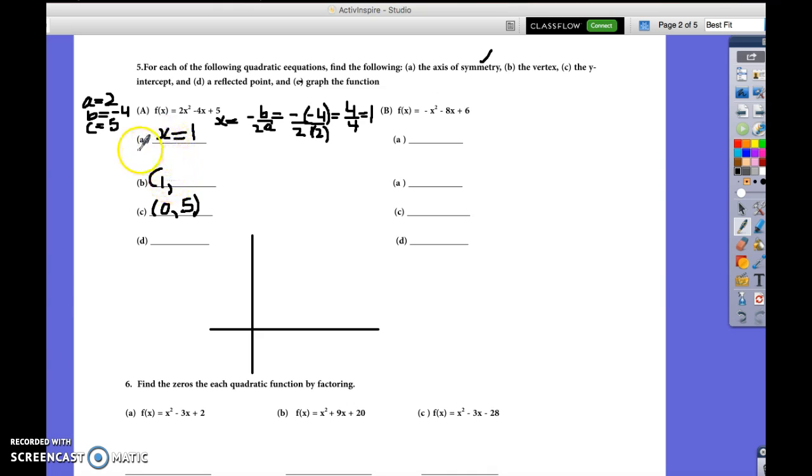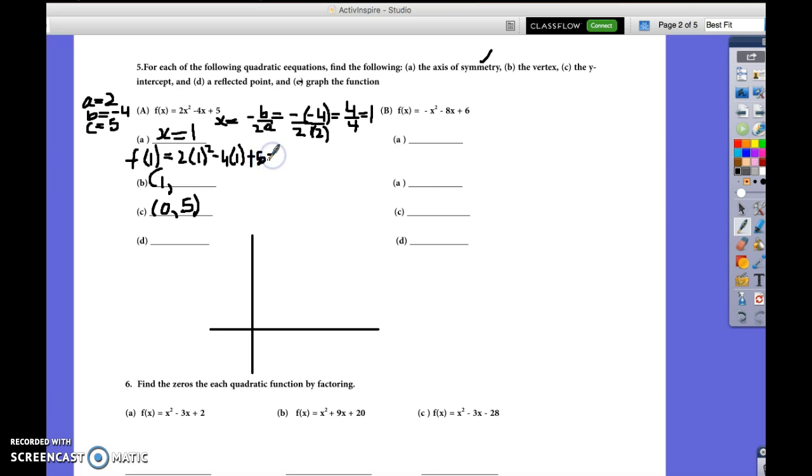So we go and we say f, wherever we see x, we put 1. We're going to do that all the way through now to work out what the y coordinate of the vertex will be. It's going to be 2 times 1 squared, and then minus 4 times 1, and finally plus 5.